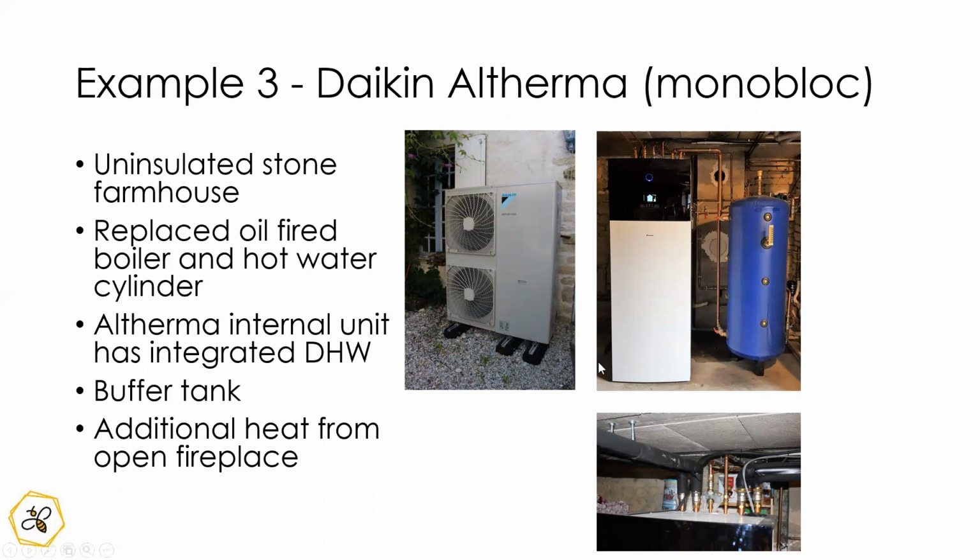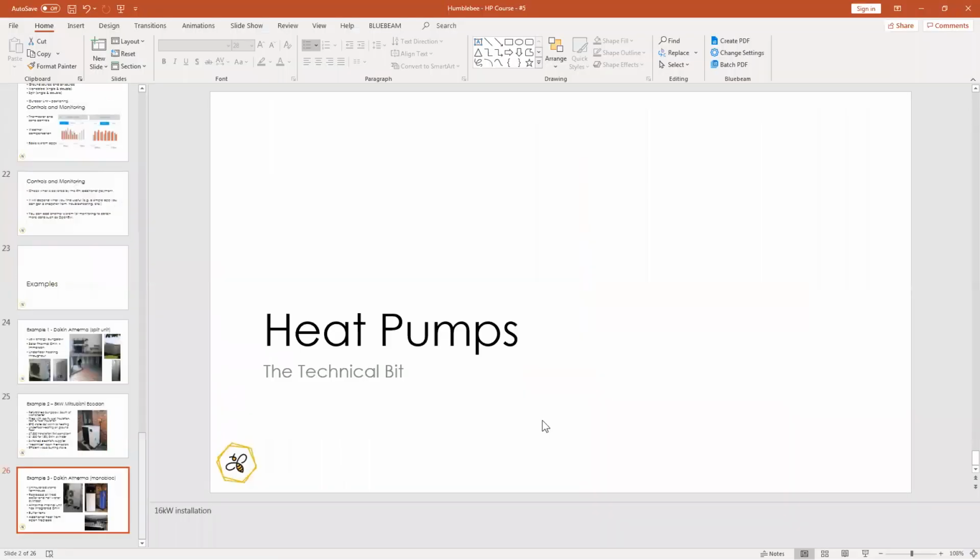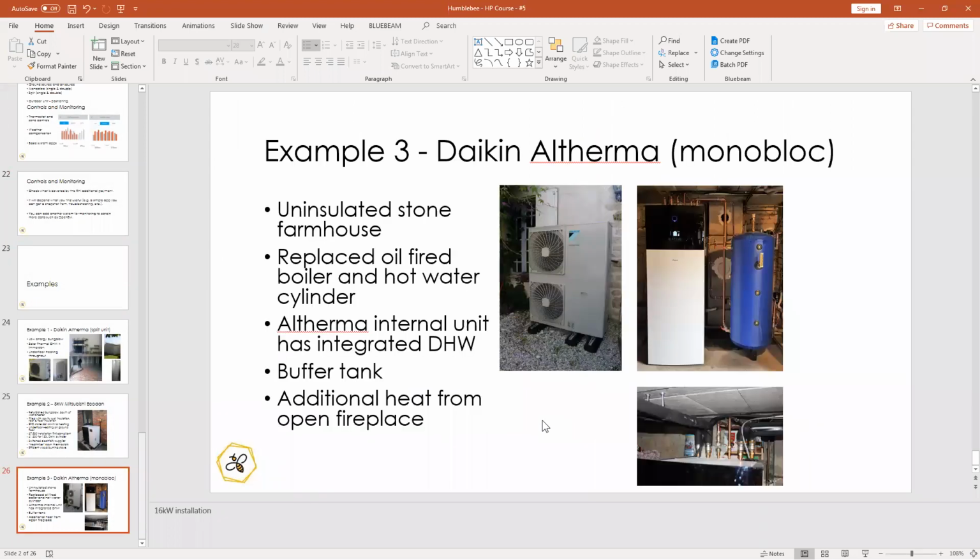But this was the buffer. This was the hydronic module, which also has the domestic hot water cylinder and the buffer tank, and that was with largely no insulation retrofit to the farmhouse. So that's the end of that part.